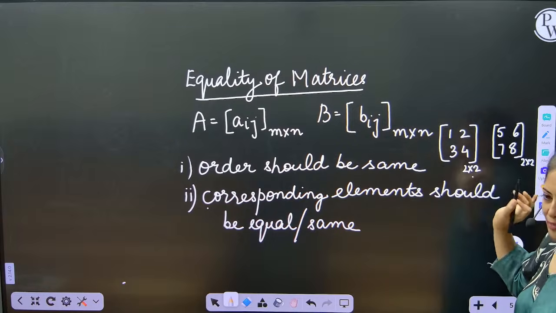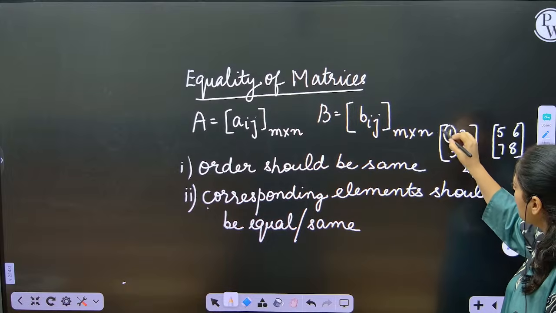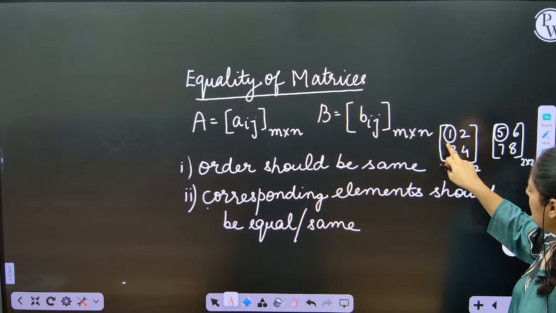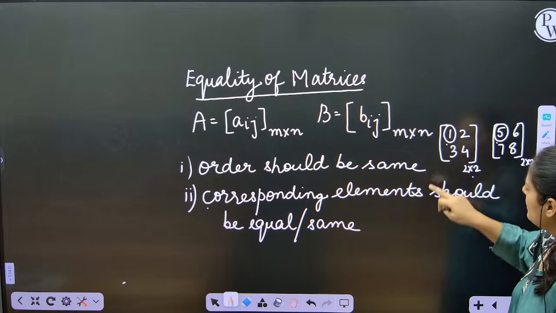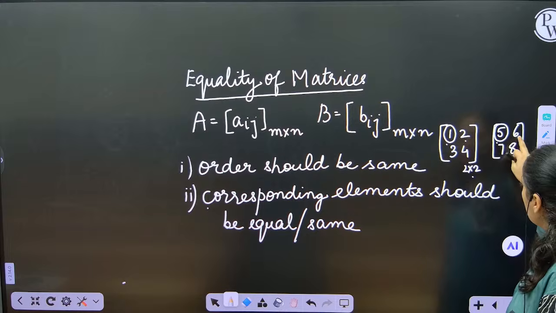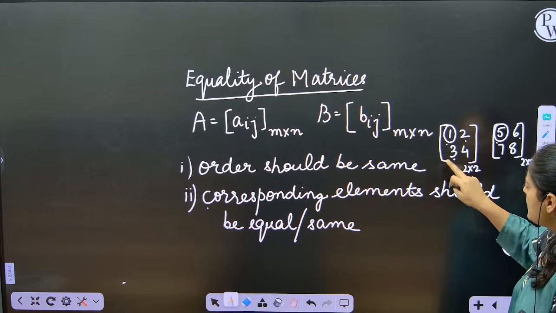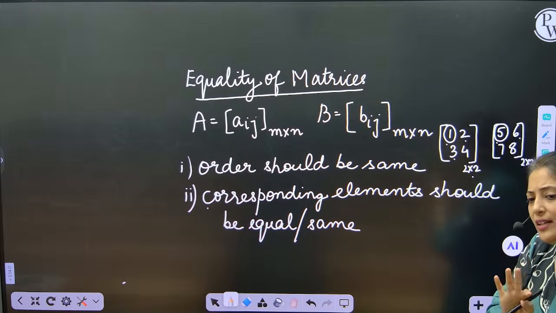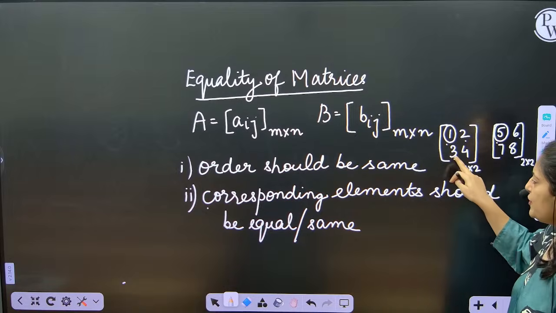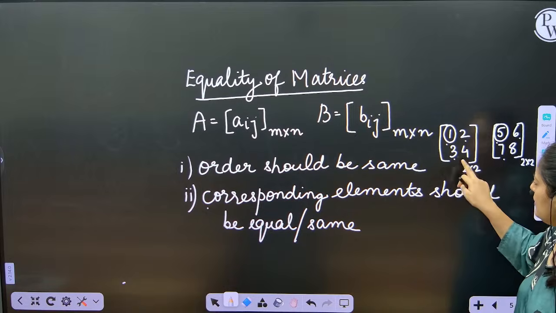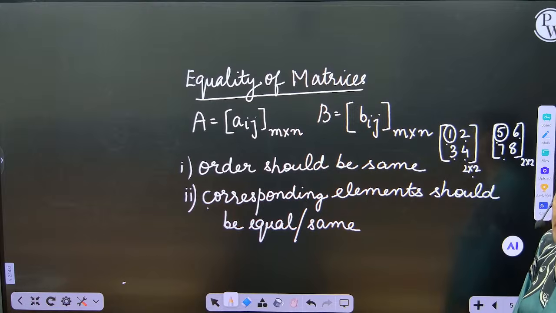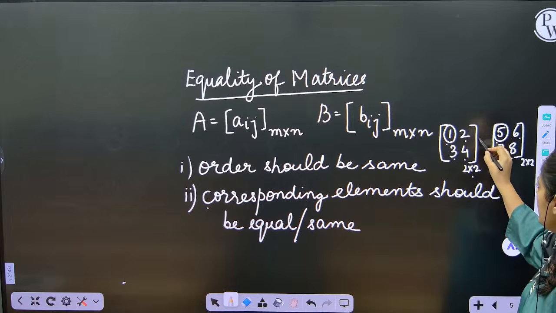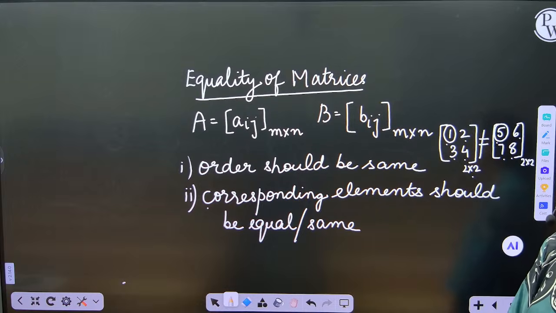The order is the same, fine, but the corresponding elements are not equal. 1 is not equal to 5. Corresponding means first row, first column with first row, first column; first row, second column with first row, second column; second row, first column with second row, first column; second row, second column with second row, second column. Neither pair is equal, so these two matrices are not equal.